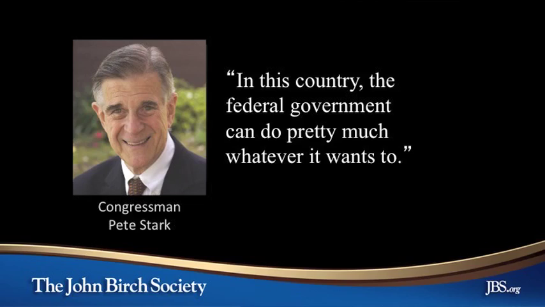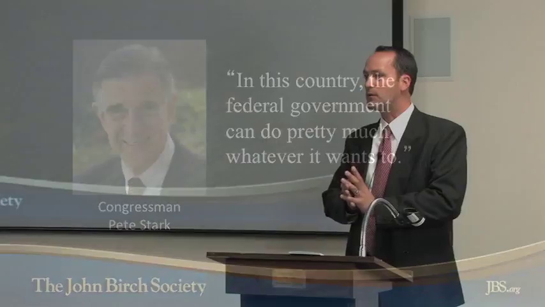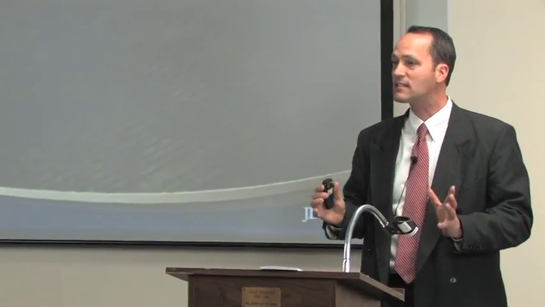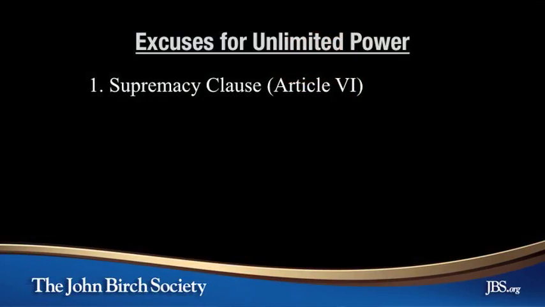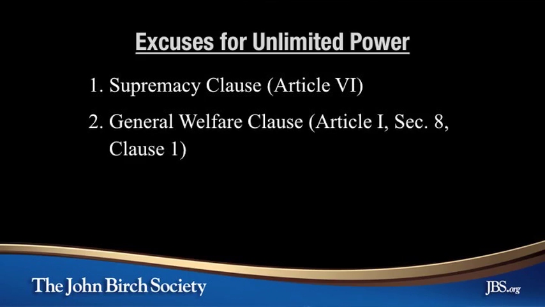Now, I want to bring things down to a very simple description. There's really 5 places in the Constitution that are frequently exploited and stretched beyond their original intent to find unlimited power. The first one we've already covered, that being the Supremacy Clause. Whatever is passed by Congress is supreme and you must comply. The other 4 consist of the General Welfare Clause.